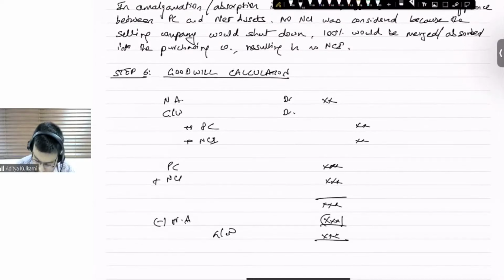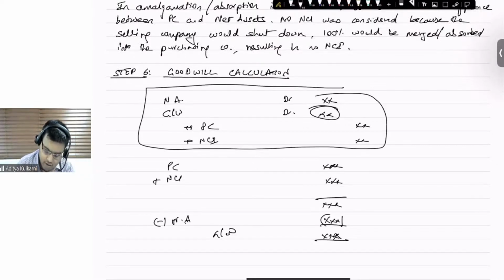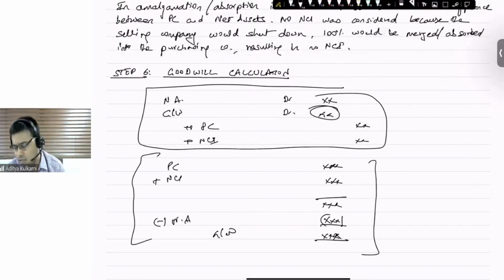It's exactly the same thing. Net assets account debit to purchase consideration to NCI. The difference would be the goodwill. So you could do it in the form of this journal entry or in the form of this equation. This is how it is going to be.